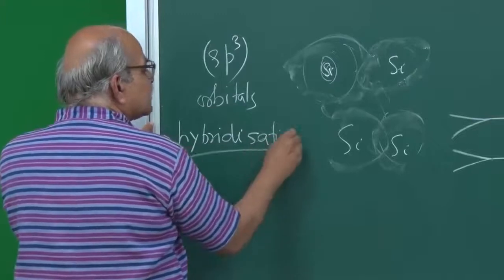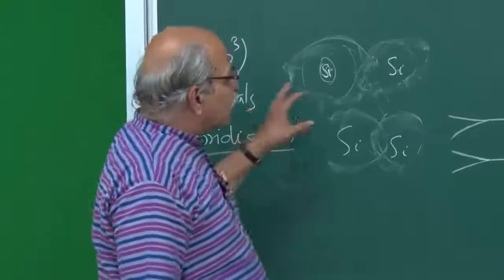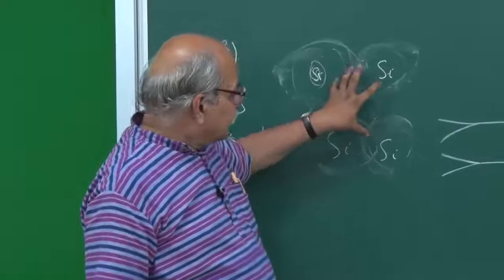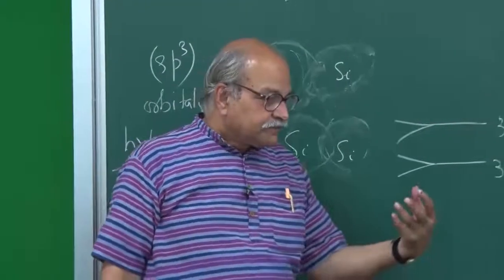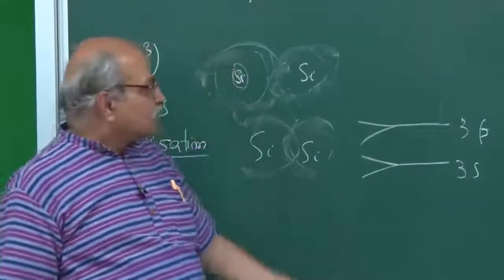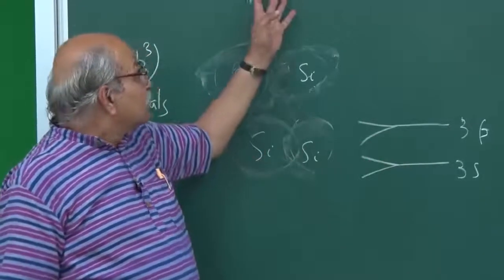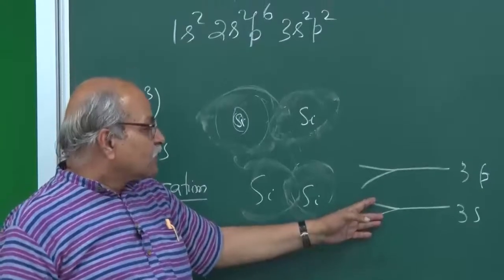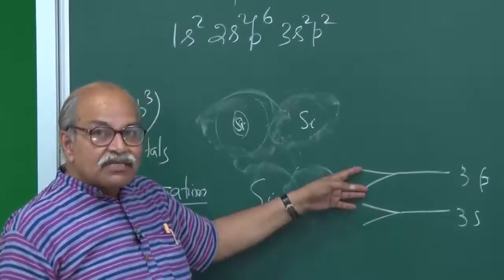So what happens is that if you have this silicon, the minimum energy will not occur if the electrons occupy 2n electrons here and 2n electrons here.